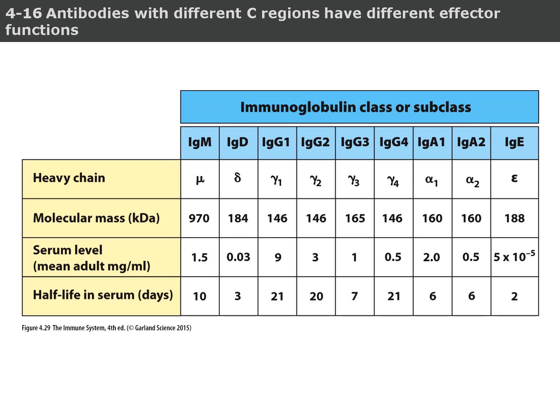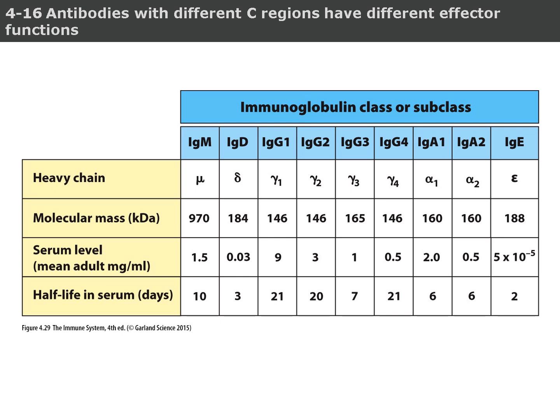Immunoglobulin A has alpha 1 and alpha 2, and immunoglobulin E has an epsilon chain. The molecular mass varies significantly across classes. Immunoglobulin M is the largest at approximately 970 kilodaltons, while others range from 146 to 188 kilodaltons.